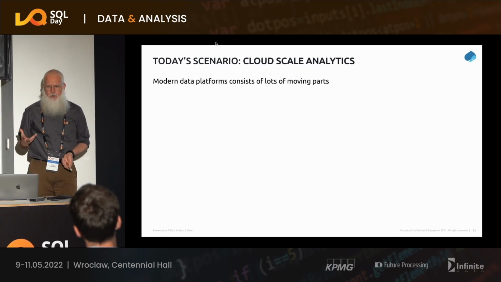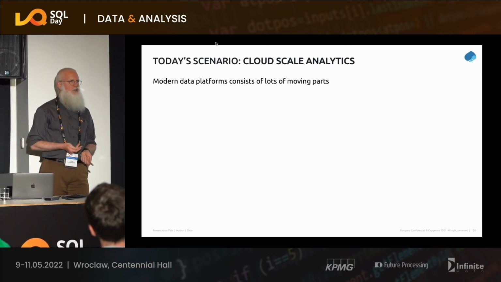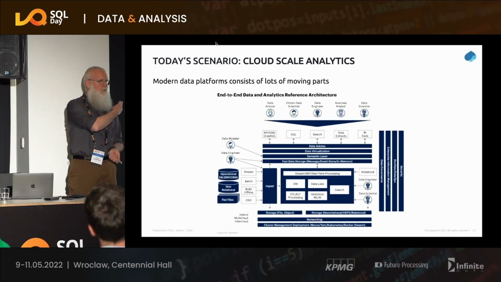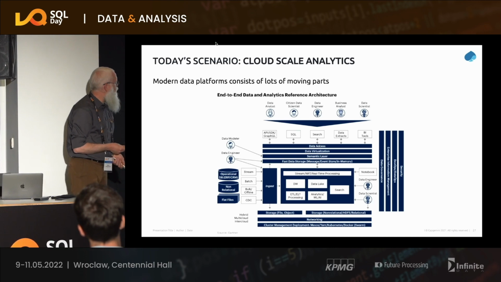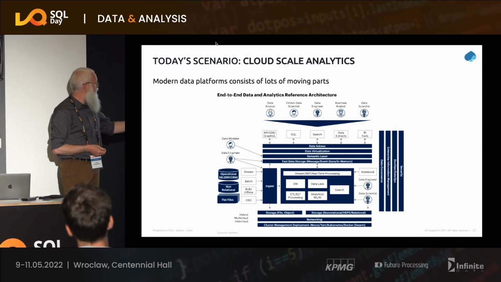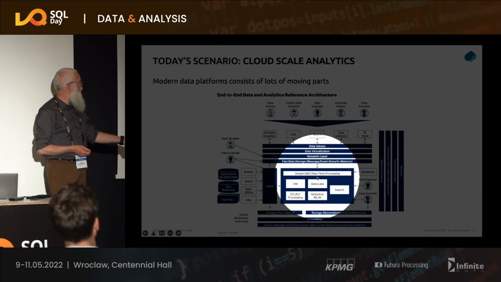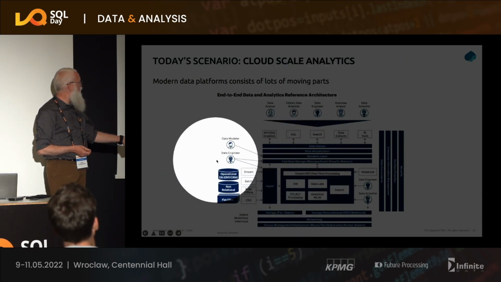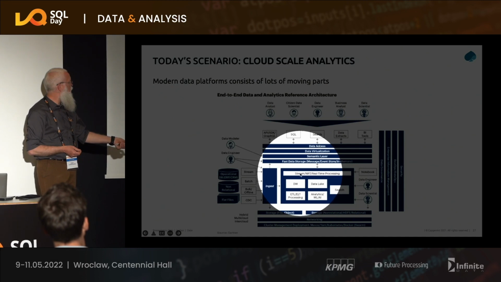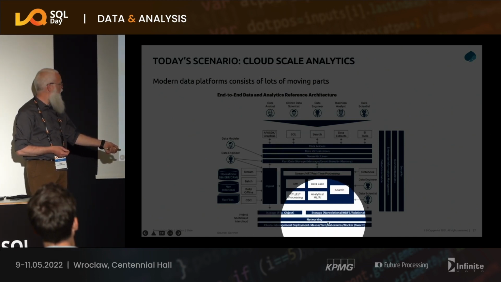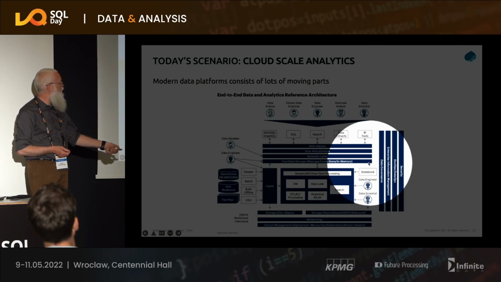As I mentioned, modern data platforms consist of a lot of moving parts. This is reference architecture from Gartner. And as you can see, there are lots of things: you have stream, you have on-prem systems, data access, data visualization, storage accounts, networking, cluster management for Kubernetes, and so on.